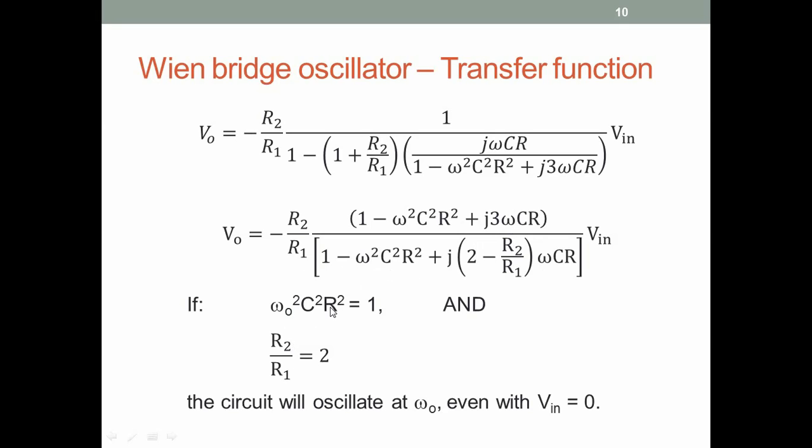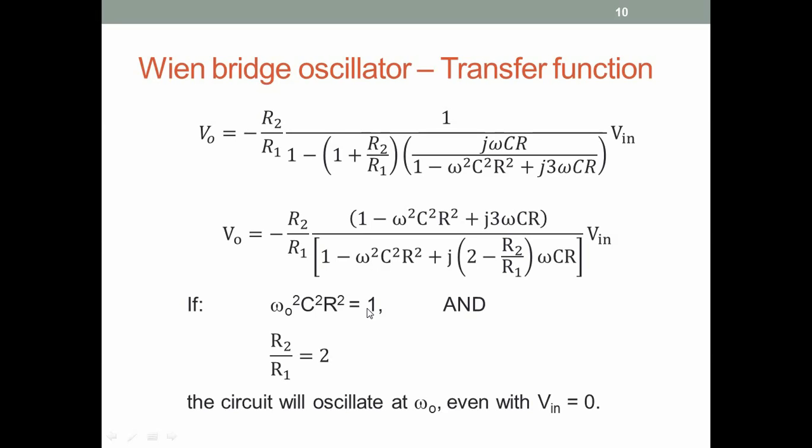So if we design this well, and these two conditions are satisfied, then the denominator is 0, and the circuit will oscillate at the frequency omega naught. In order to design this, all we need to do is make R2 by R1 equal to 2 and put whatever values of R and C we want, and then the circuit will automatically oscillate at the frequency omega naught equal to 1 by RC.